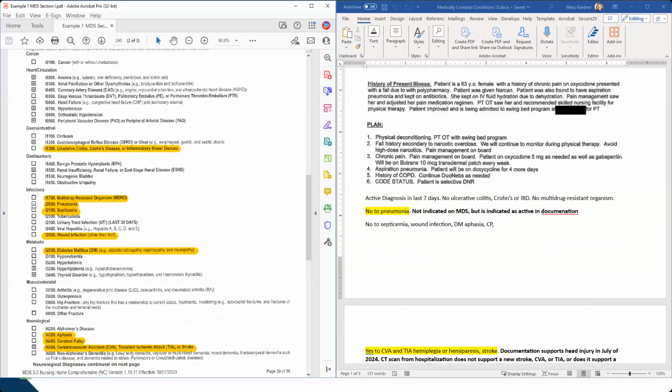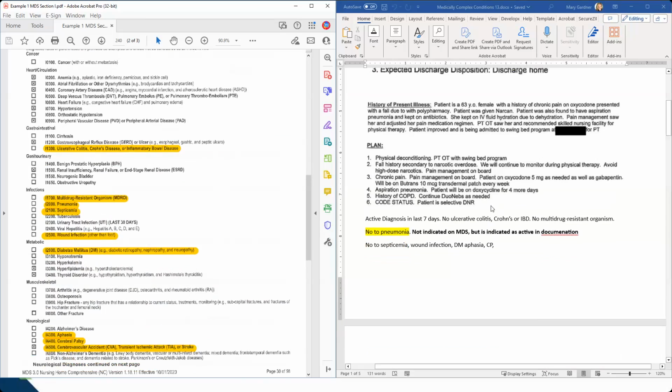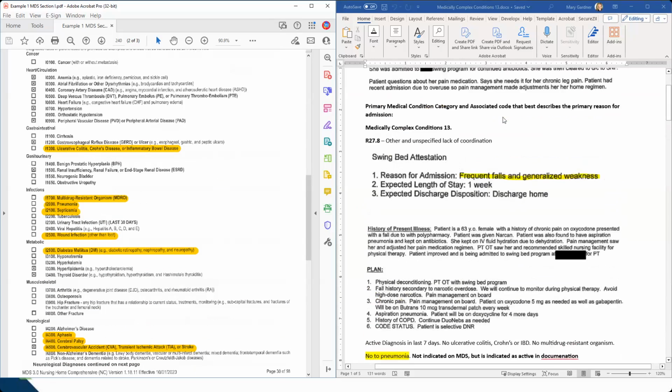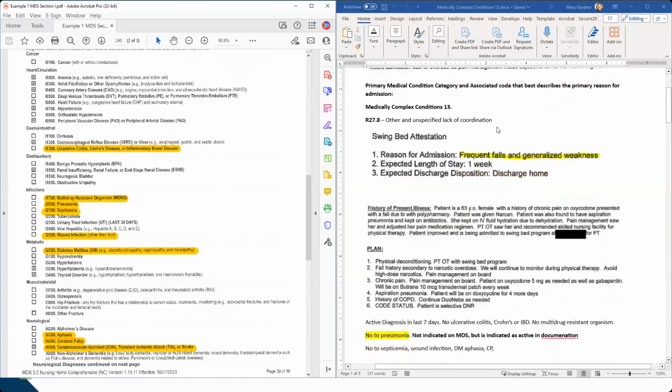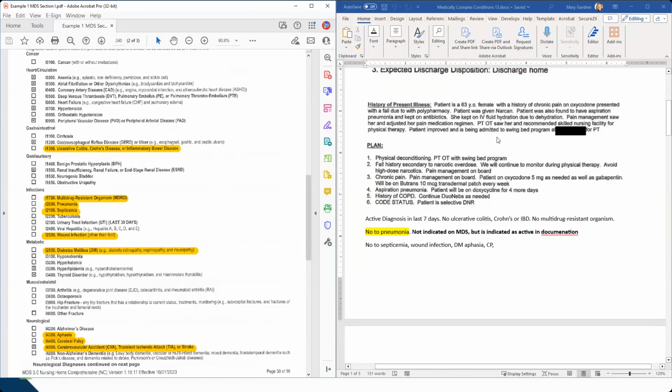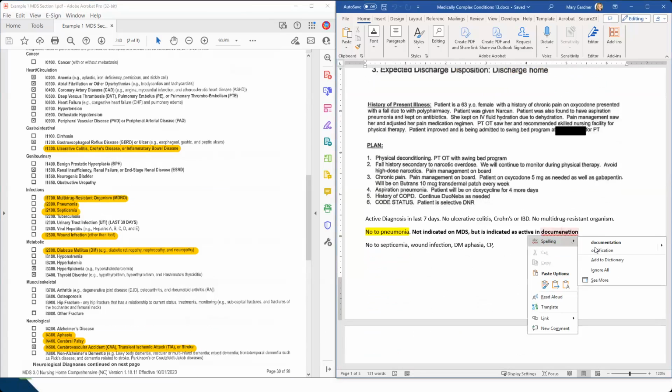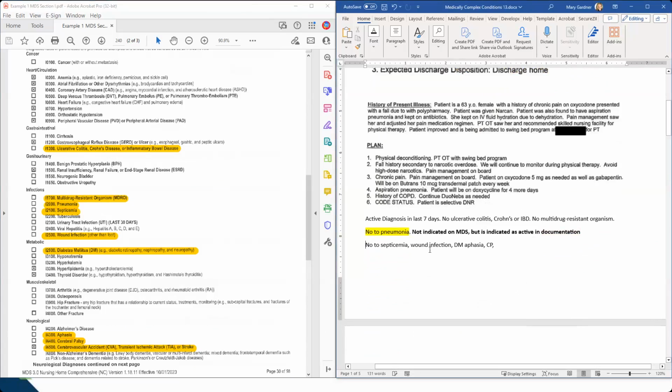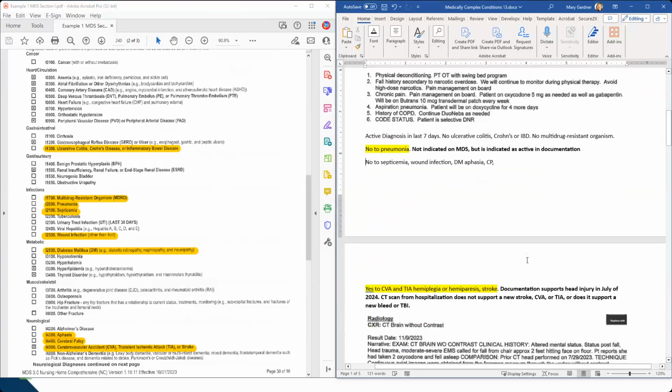As we scroll down, you can see there's no documentation of pneumonia, but we've noted several times up here that this patient does have some aspiration pneumonia. So it was not indicated on the MDS. I'm misspelling that, I'll fix it right now as you're watching. But it is indicated as active in the documentation.